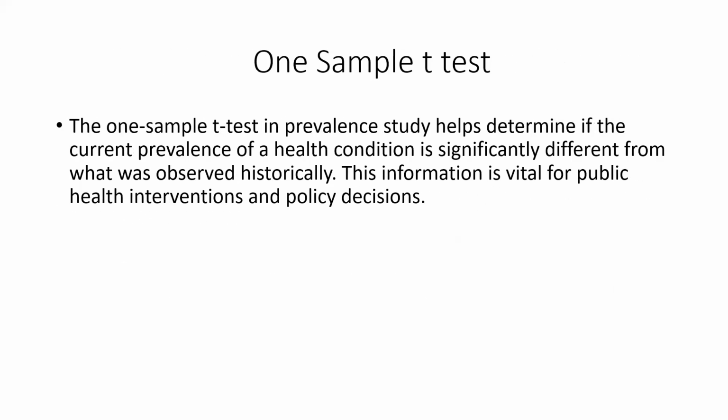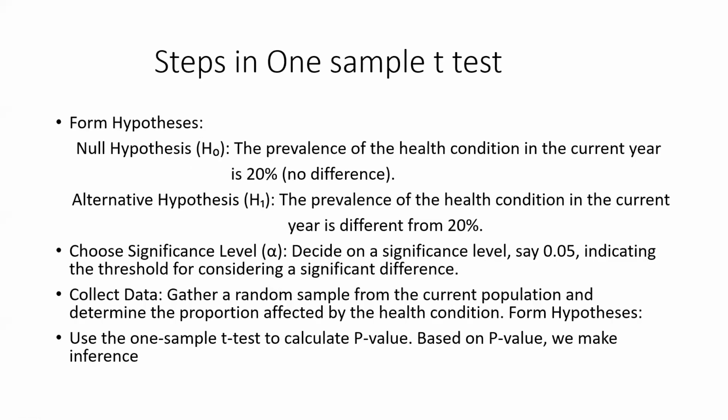Okay. Then we have seen one sample t-test. We have seen the example of prevalence of diabetes mellitus. In the null hypothesis, we are saying there is no difference between the prevalence of 2023 and the prevalence of 2024. In the alternative hypothesis, we are saying there is a difference between the prevalence of 2024 and the prevalence of 2023.